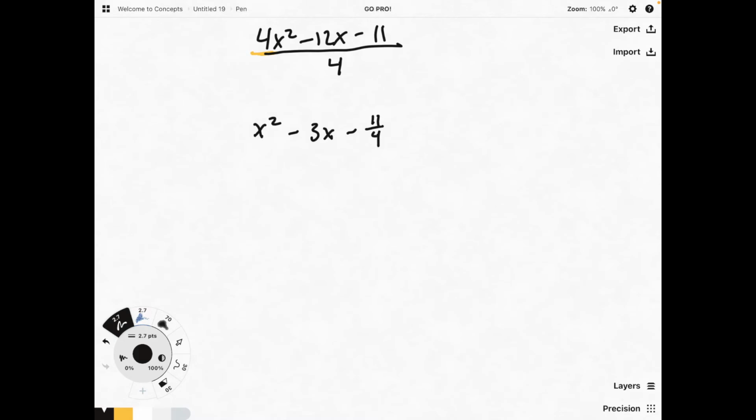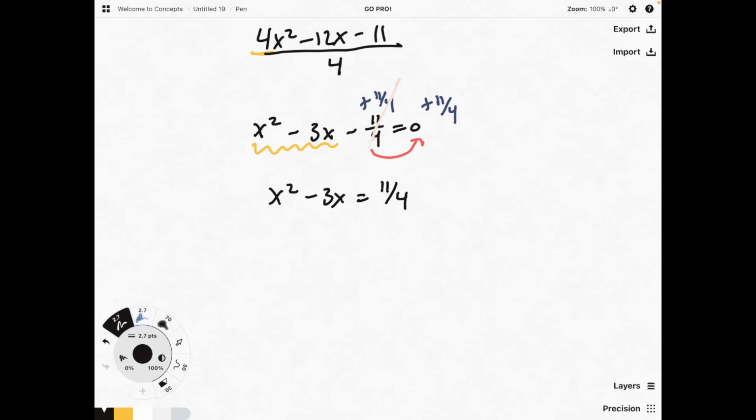What we need to do is we set this equal to 0. We need to move this value over because we only want to work on the left side with this part of the equation. So what we need to do is add 11/4 on this side, and we also need to add 11/4 on this side. When we do that, this cancels out, and we are just left with x² - 3x, which equals 11/4.